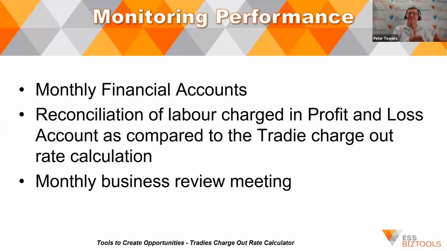Here's the key performance indicators comparison so that we can see how each person performed. And these are our suggestions on fine-tuning the charge out rates for the next month so that you can help the client to maneuver during the year rather than waiting to the end of the financial year, another 4 or 5 months after the end of the financial year, and then saying, geez, your charge out rates could have been a bit higher. Now's the time to do it.